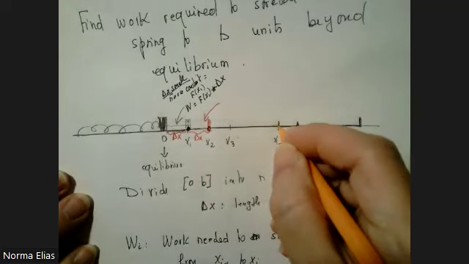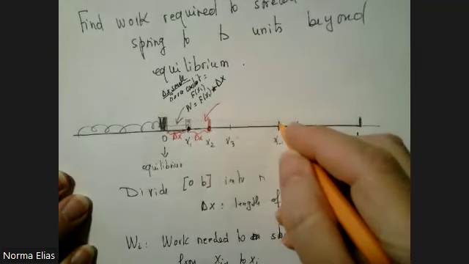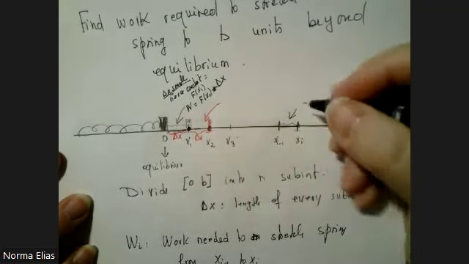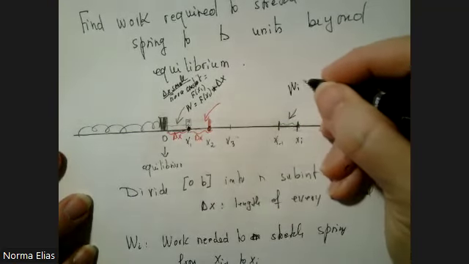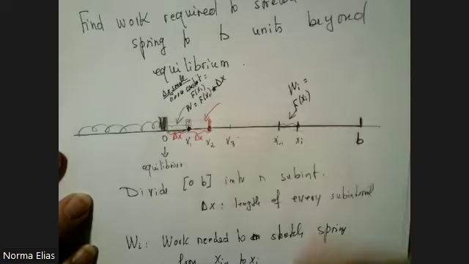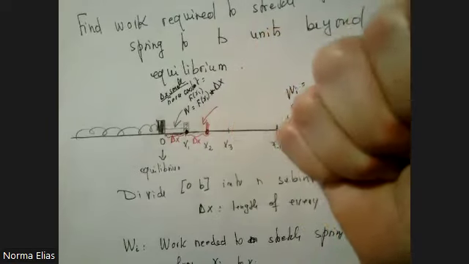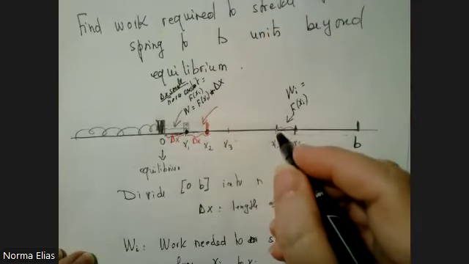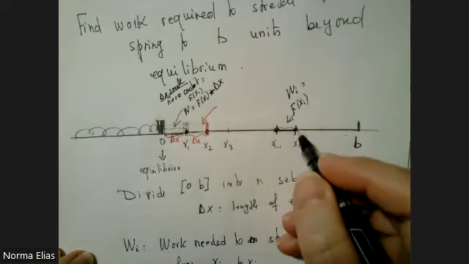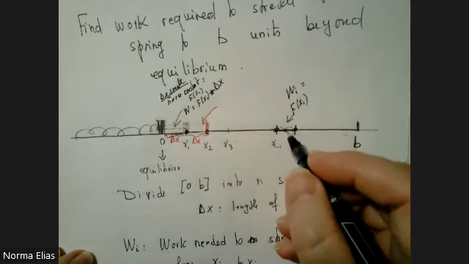If I want to move it from here to here, the work Wi is going to be the force at xi, because you can hold it and move it. You can assume that the force from here to here hasn't changed. You can use xi minus 1, you can use xi, or anything in between.